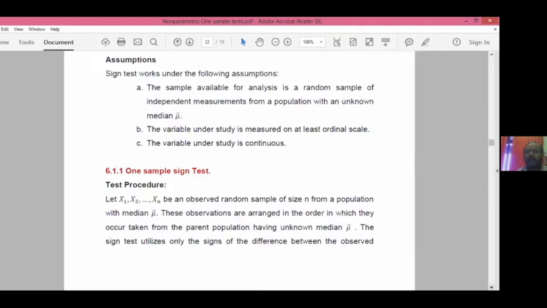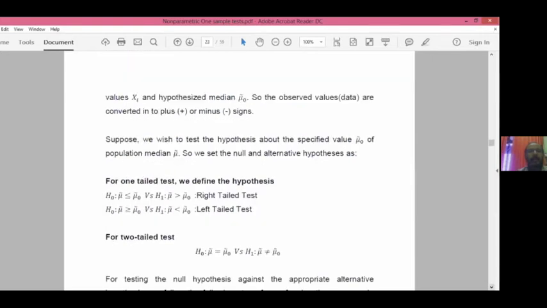The scientist utilizes only the signs of the differences between the observed values xi and the hypothesized median mu naught curl. So the observed data are converted into plus and minus signs.